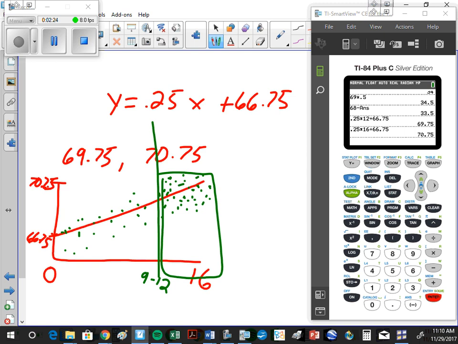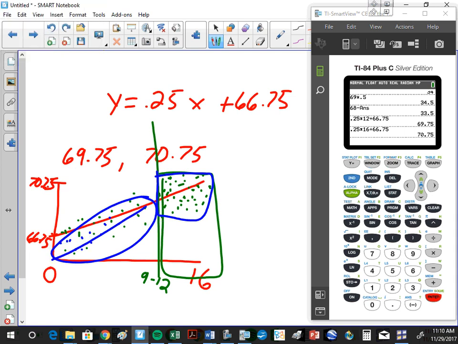So this part of the scatter plot probably has no correlation. And then this part of the scatter plot is probably highly correlated, but it doesn't follow the regular regression line. It probably follows a line something like that. Or I guess that was wrong. I meant something like this. Okay.